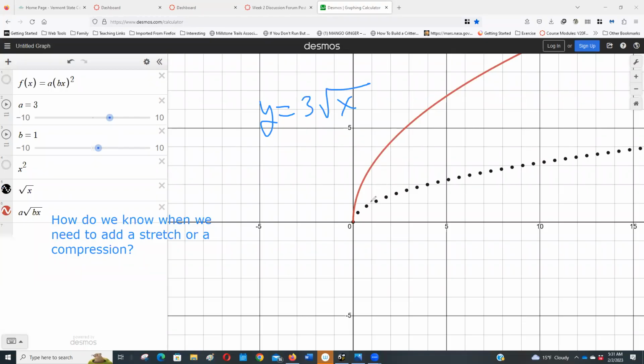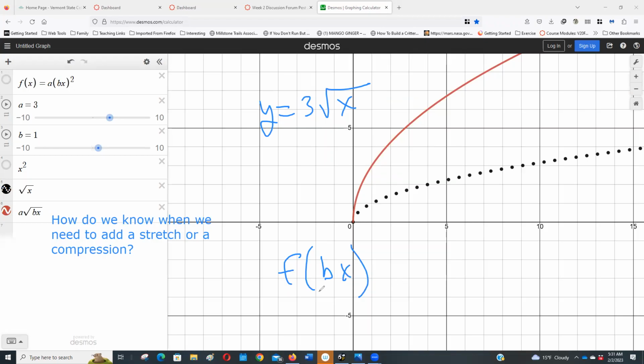Now, the other thing that arises is these horizontal stretches and compressions, and those are tricky. I struggle with those. So in the book, they talk about how if you have f of bx, where b is inside, that's going to be some kind of horizontal compression.